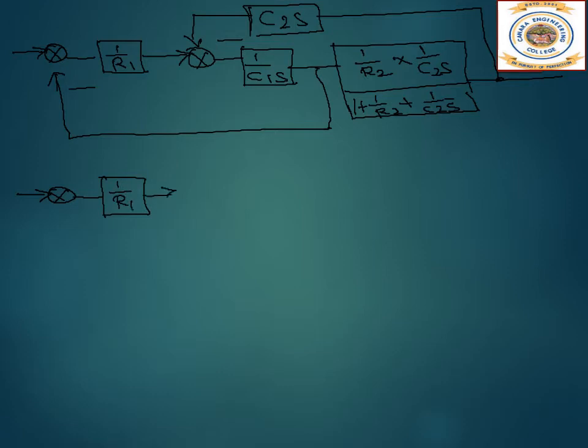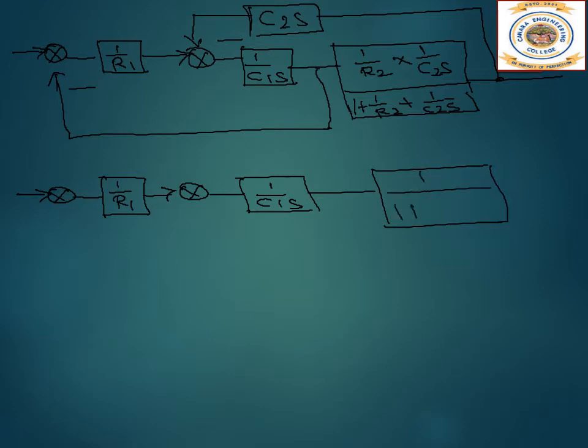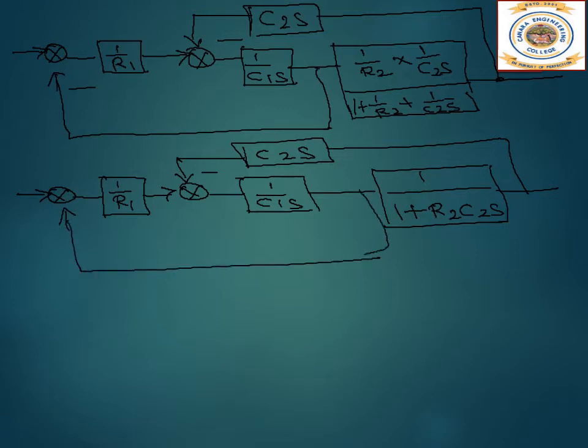So 1 by R1 we get over here, and this 1 by C1S, and here after simplification we get it as 1 by 1 plus R2C2S, and this negative feedback we have C2S, okay, this is minus.